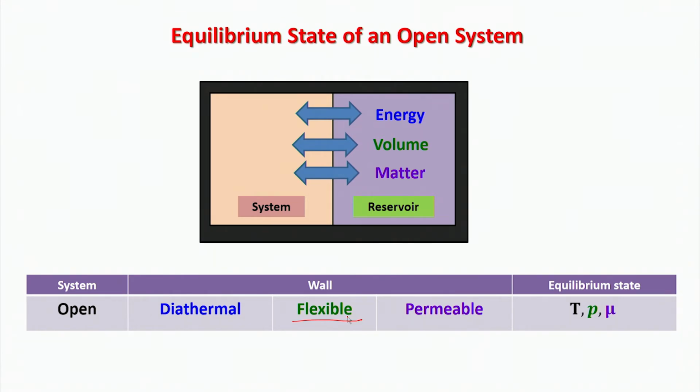We are going to specify the equilibrium state by mentioning the given temperature value that I can measure using a thermometer, the pressure of the reservoir that I can measure using a barostat, and finally, since the equilibrium state has been achieved with respect to matter flow, this system will have a given value of the chemical potential mu.